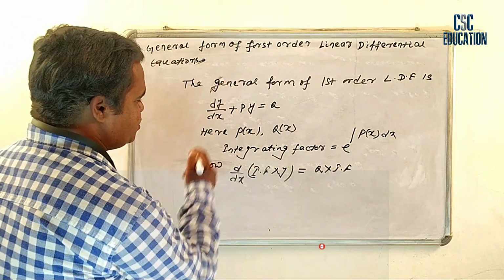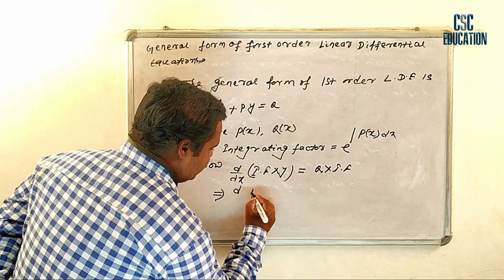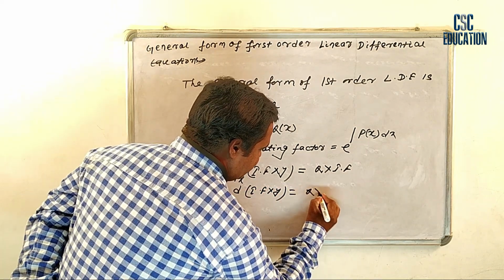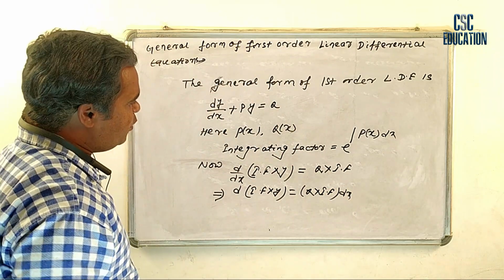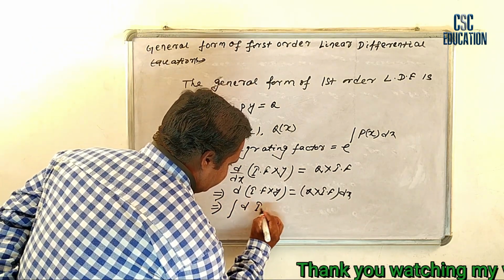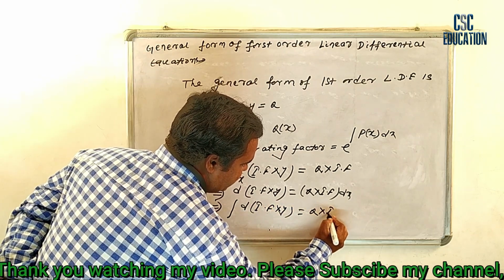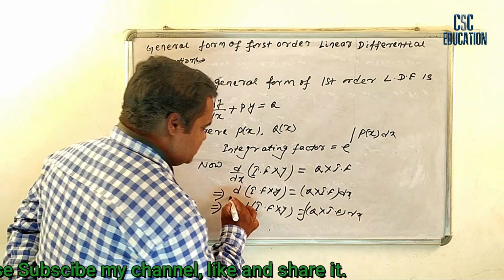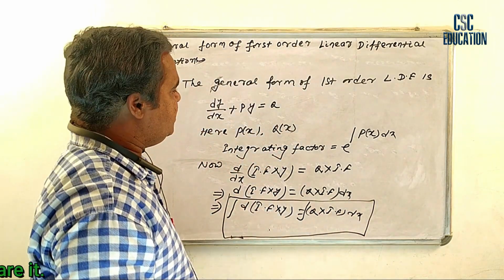So the solution of this equation: firstly convert it to d of integrating factor into y equals q into integrating factor of dx. Now integrating both sides, integration of d of integrating factor into y equals integration of q into integrating factor dx. That is the general solution of a first order linear differential equation.